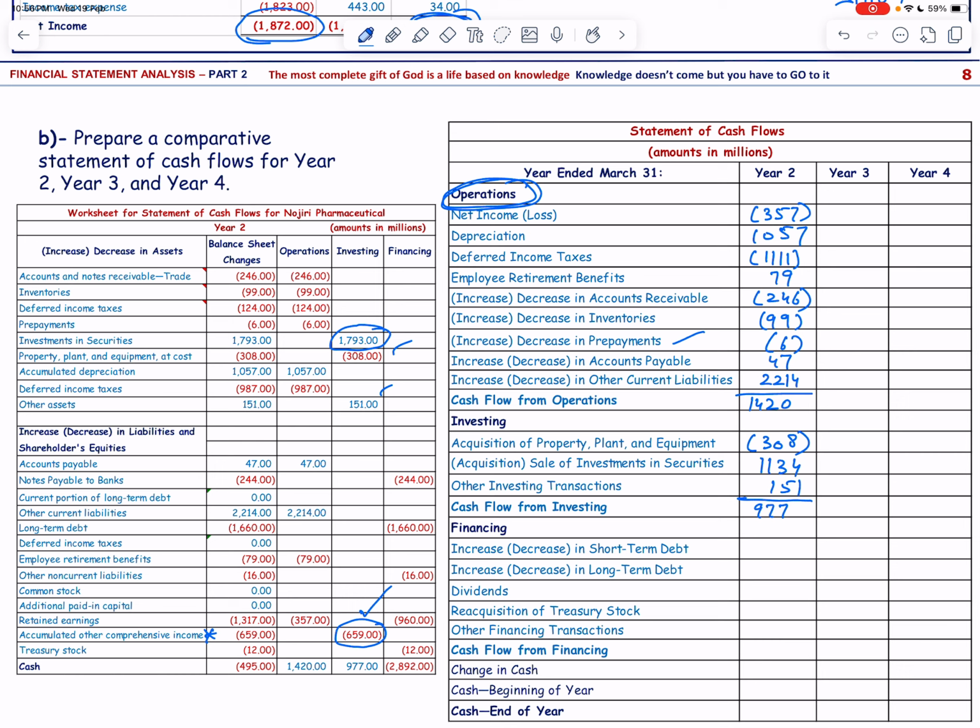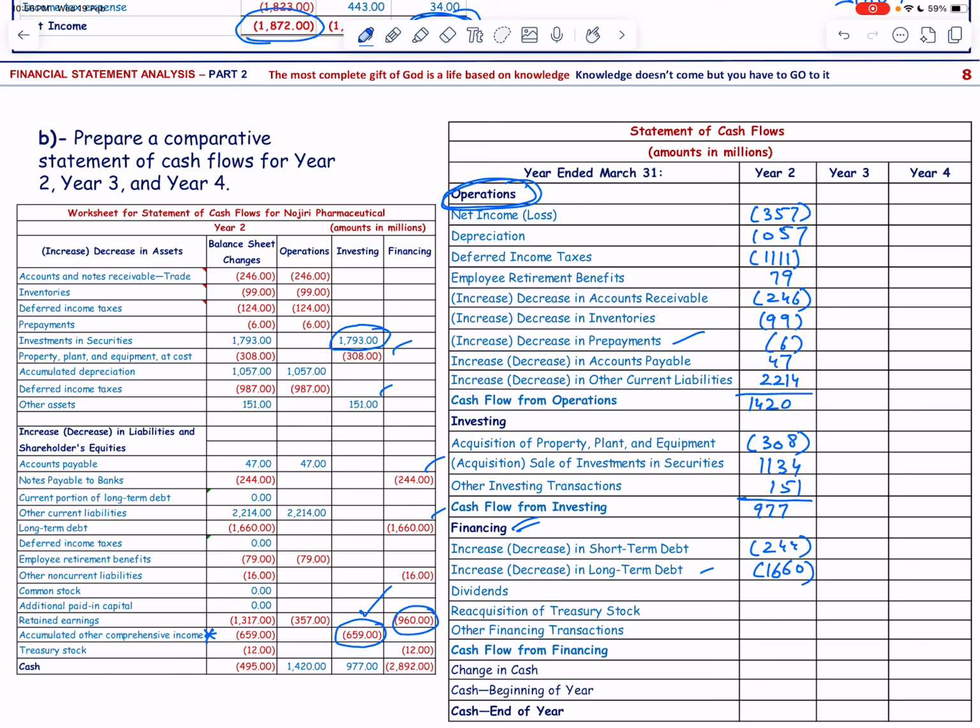Next, we go for the financing activities, and for the financing, we have the notes payable in the banks, short term debt, that is negative 244, and then we have the increase or decrease in the long term debt, that is negative 1660. Then we have the dividends. Now for the dividends, you can see we have 960.